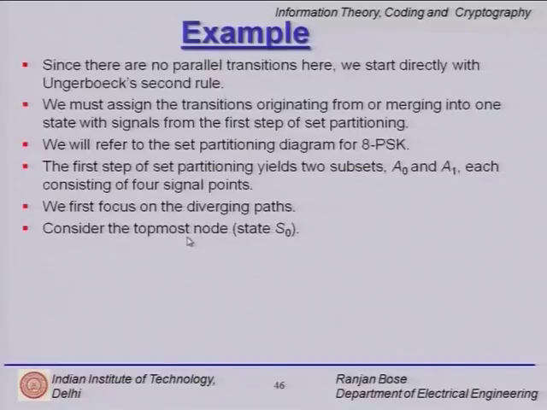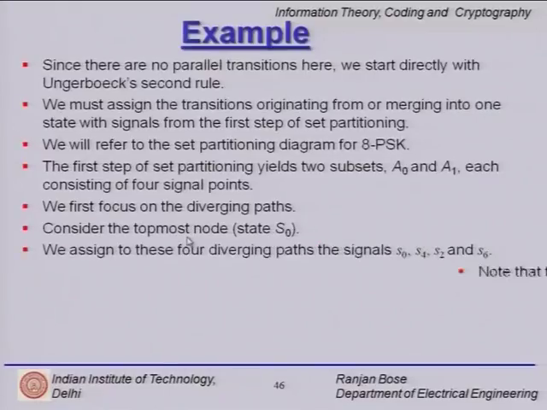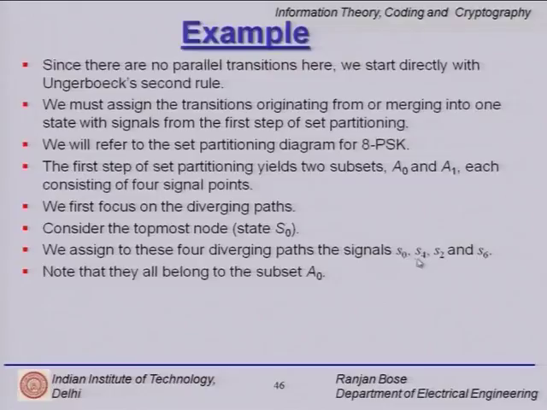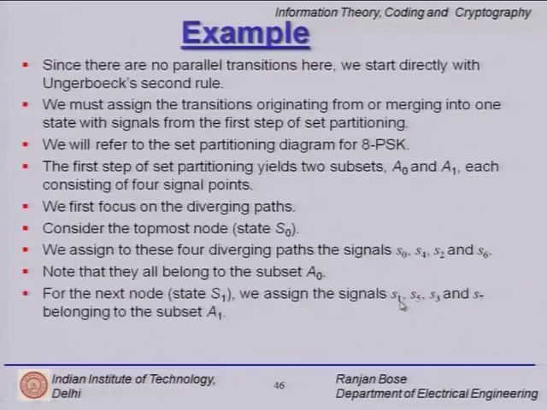In this slide we are looking at the diverging path, and this slide describes why the S0, S4, S2 and S6 symbols have been assigned to that. They belong to the subset A0. And for the next node we have S1, S5, S3 and S7 as we just now discussed.